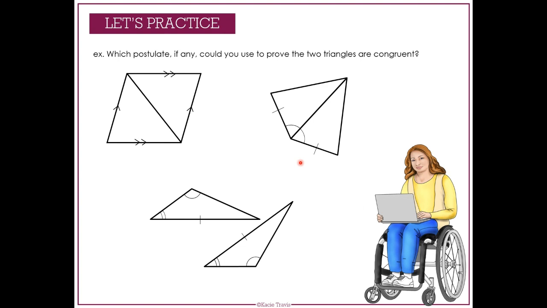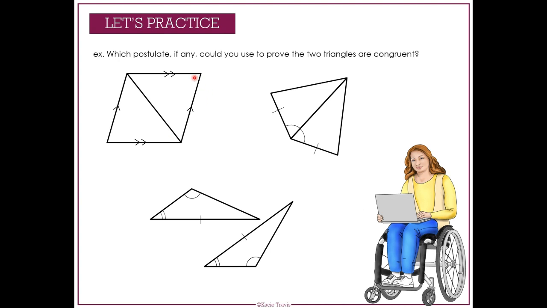For our first one, we want to prove that these two triangles are congruent. First off, you see these arrows on these sides. Whenever you see those arrows, that means that we have parallel lines. Now, parallel lines have different congruent angles. So if this top side and this bottom side are parallel, that means that this angle here and this angle here are alternate interior angles.